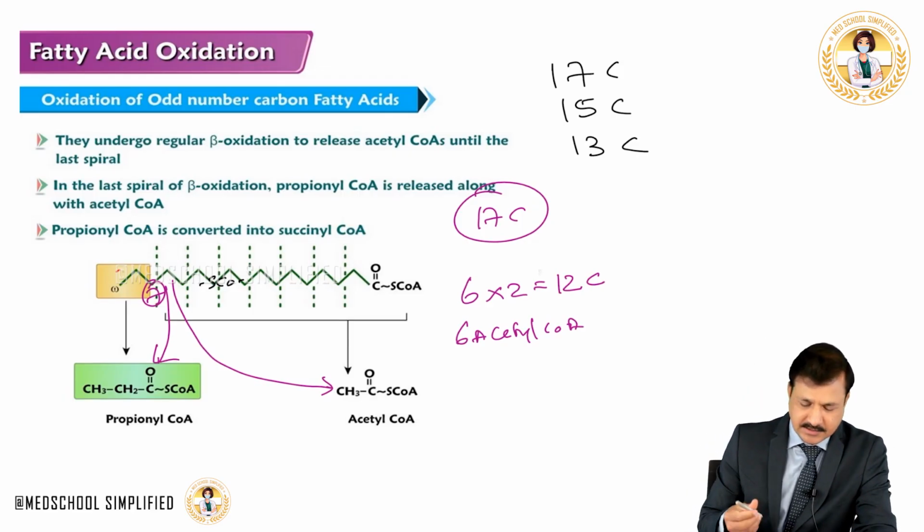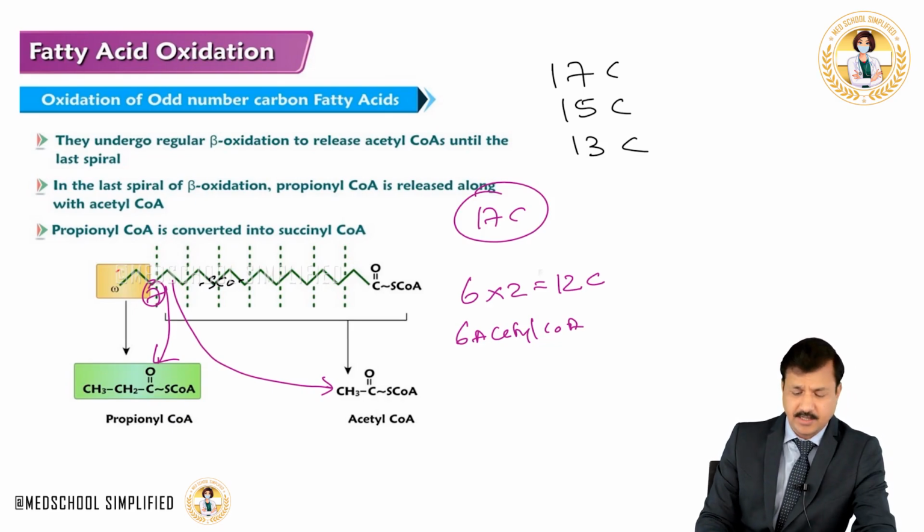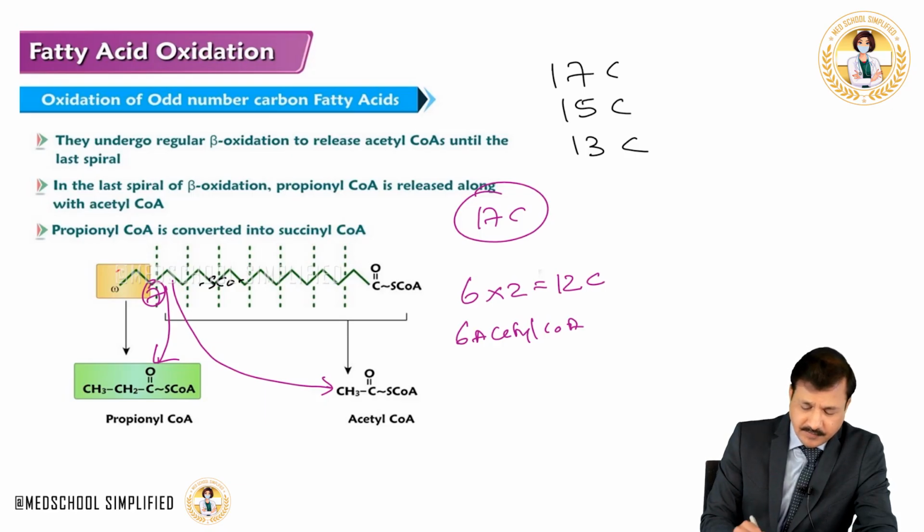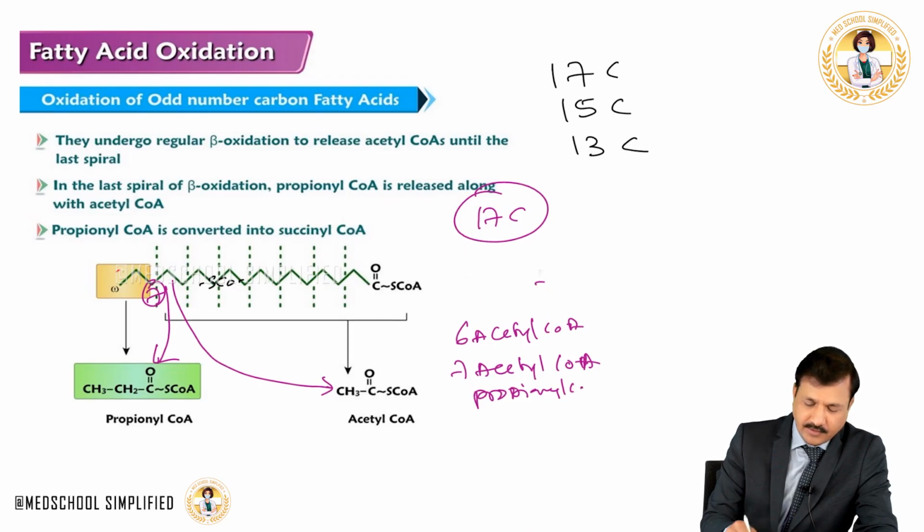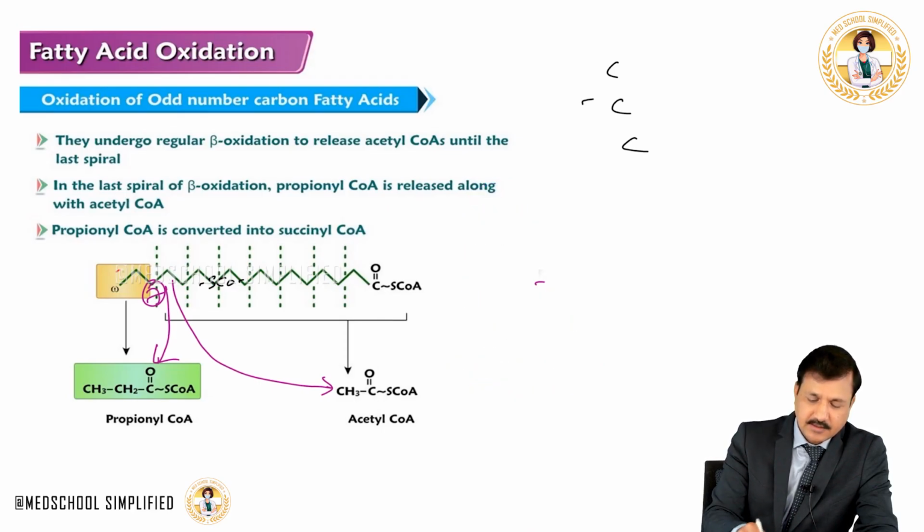So at the end of the beta oxidation spiral, we are going to get 7 acetyl-CoA molecules and 1 propionyl-CoA molecule. Okay, 7 acetyl-CoA is 14 carbons.